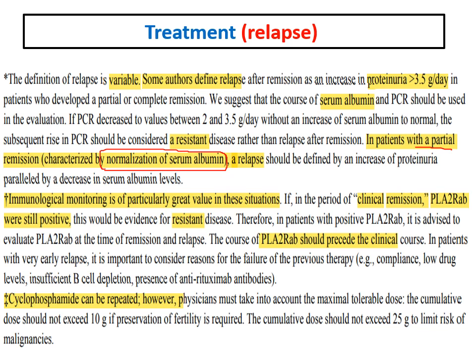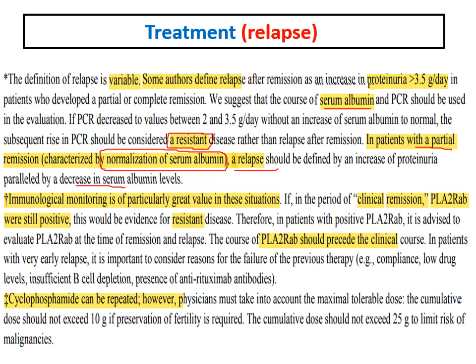And then a relapse can be defined as an increase in the proteinuria level which had been normal. If there is more proteinuria and a decrease in the serum albumin after normalization, this is a relapse. But if the patient had a decrease in proteinuria, but the serum albumin from the start did not normalize, this is resistance.